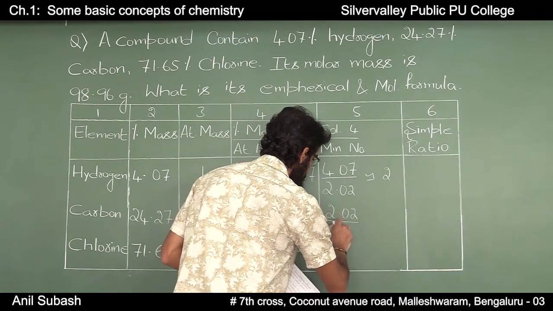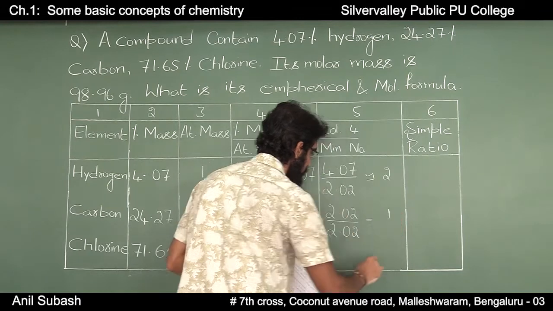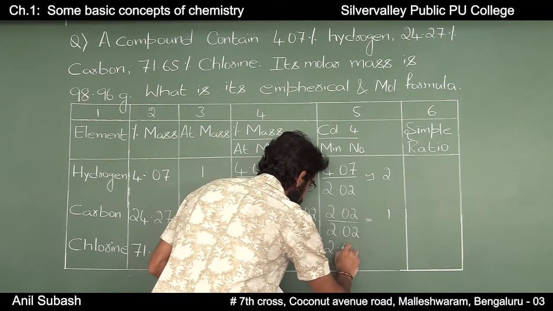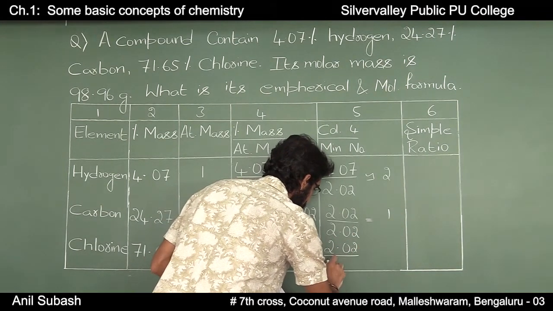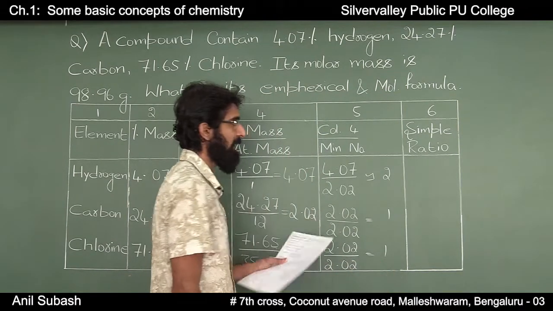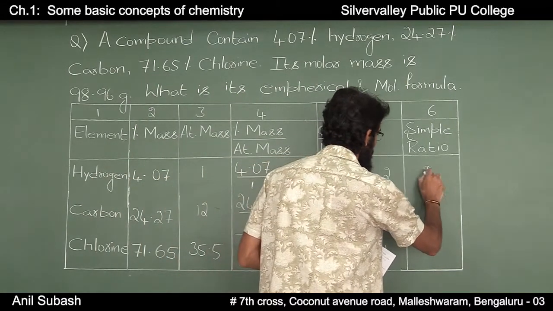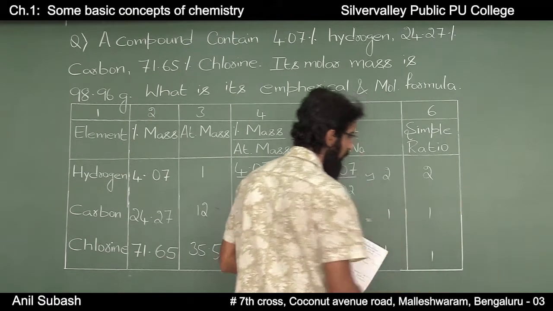2.02 by 2.02, that is equal to 1. 2.02, that will be equal to 1, and the simple ratio will be 2, 1, 1.